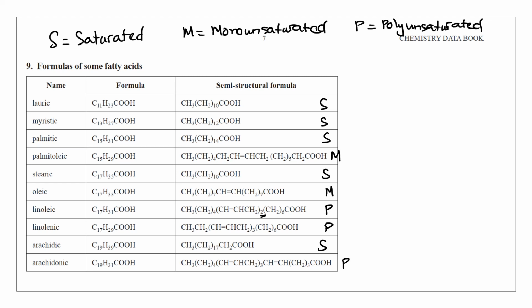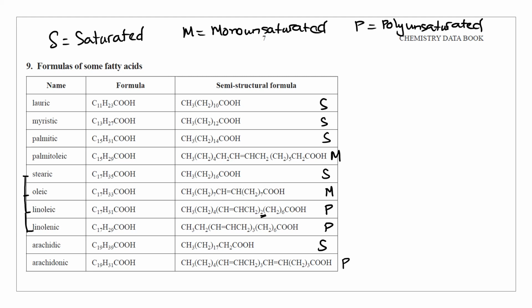Another thing that I want to point out that may be of interest is, especially if you look at these 4, stearic, oleic, linoleic, and even linolenic, they have the same number of carbon atoms. If you look at their formula here, this is probably the best way to write a formula of a fatty acid, because you can tell which part is the hydrocarbon chain and which part is the carboxyl group.